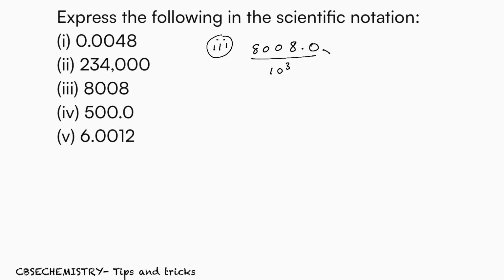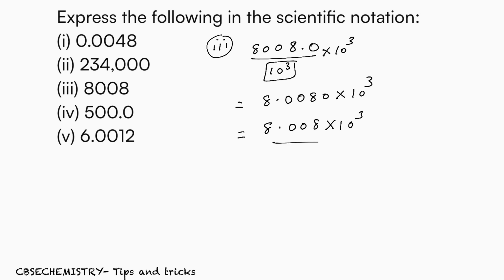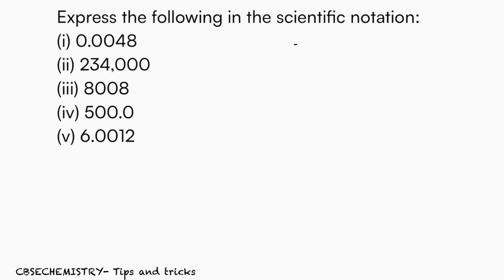If you are dividing, multiply the same number in the numerator. So by using this 10 raised to 3, you will get 8.0080 into 10 raised to 3. So we can write 8.008 into 10 raised to 3. Hope all of you understand. Very easy, right?